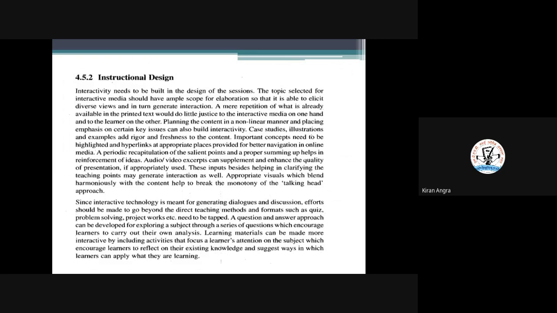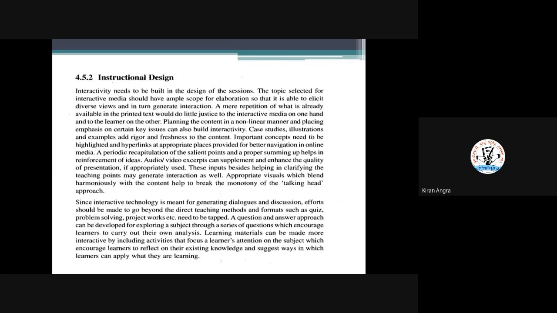Some implications while going for interactive media are that we should frame the topics and design the material so that it has scope for elaboration. We can talk more about it, and we can generate interaction among the learners and the teacher.